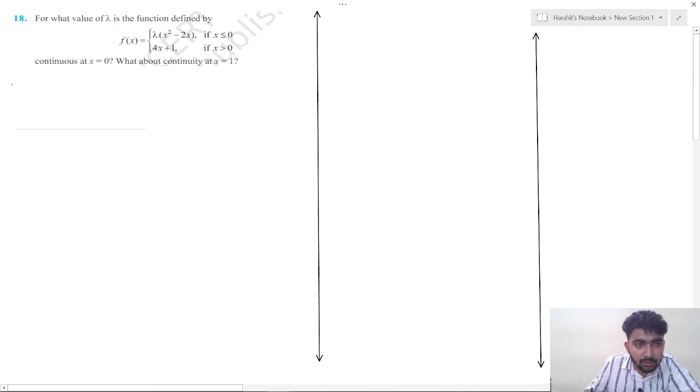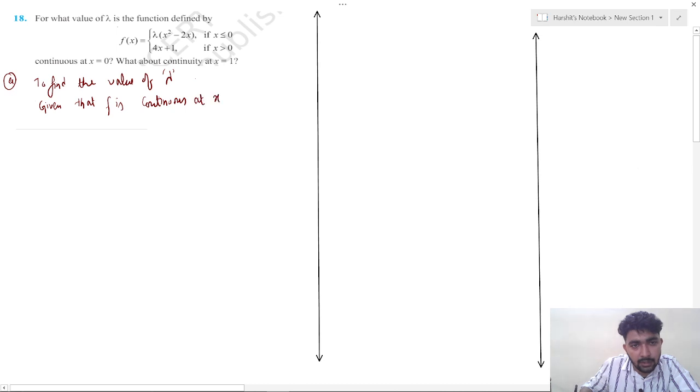So how can we proceed in this question? First of all, we need to discuss part a. Here they are saying the function is continuous for what value of lambda. It means that we need to find the value of lambda, given that f is continuous at x equal to 0.